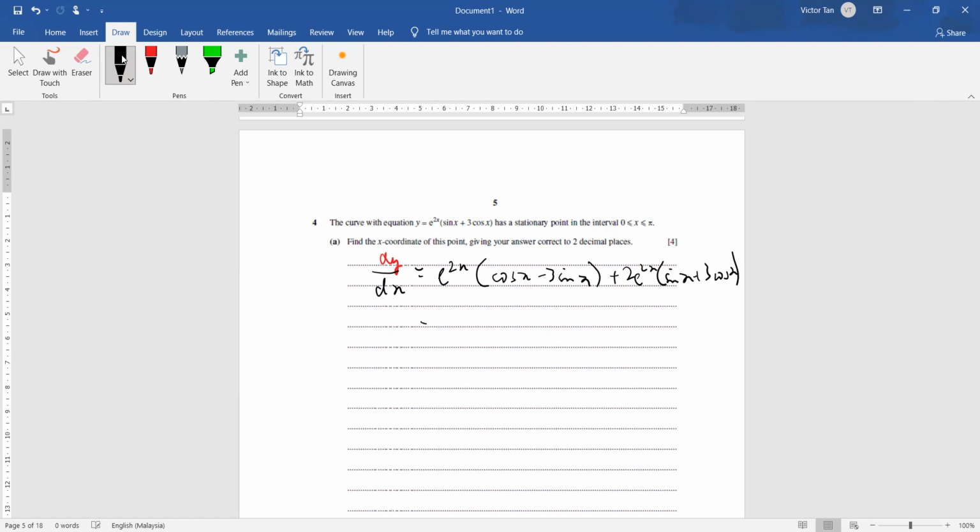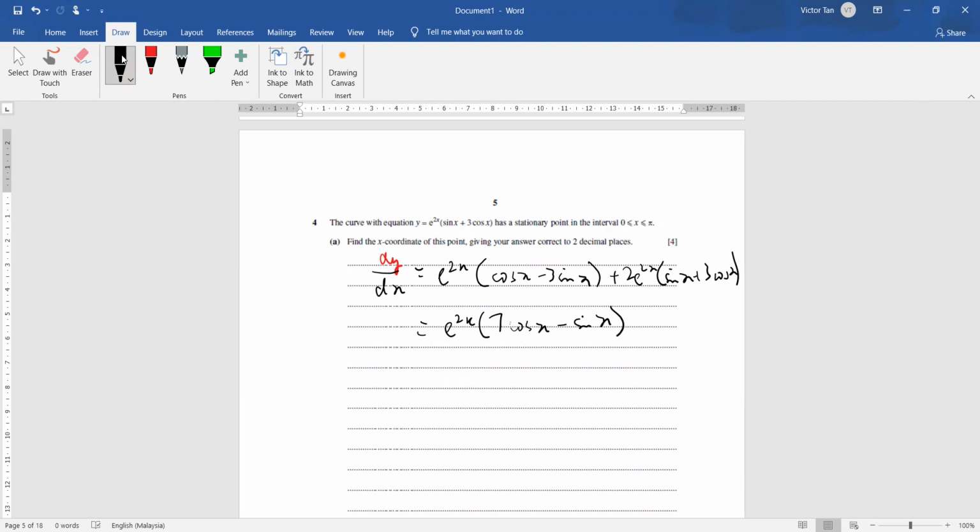If you simplify this, you get e to the power of 2x times (cos x plus 6 cos x, 7 cos x, minus 3 sin x plus 2 sin x, minus sin x).